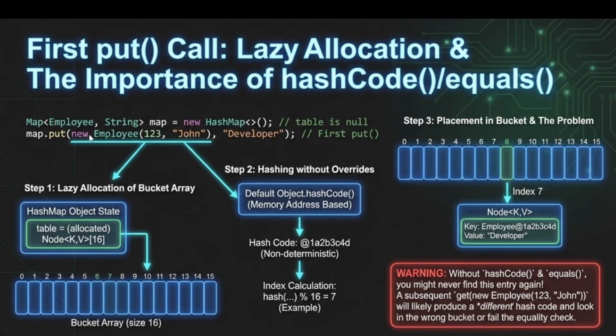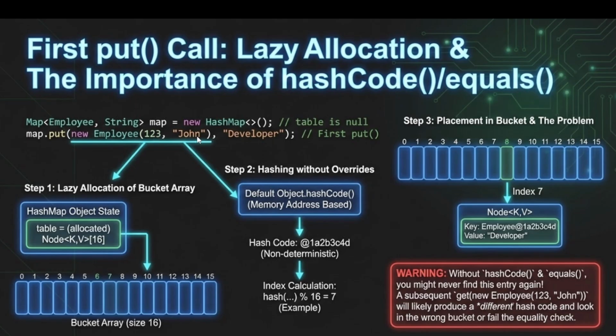As per this existing new employee 123 John, again I send new employee 123 John. It will be equal by the equals method. So we are not calling the Object equals method. We have created a new equals method with 123 and John.